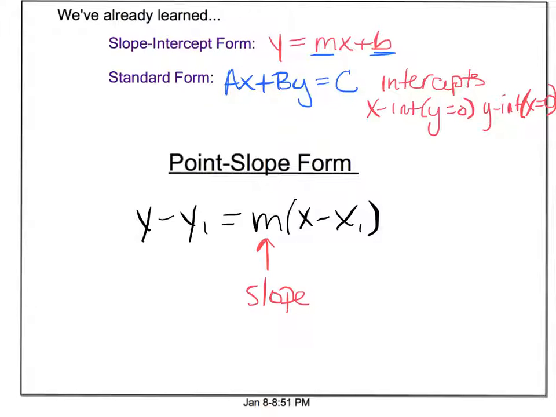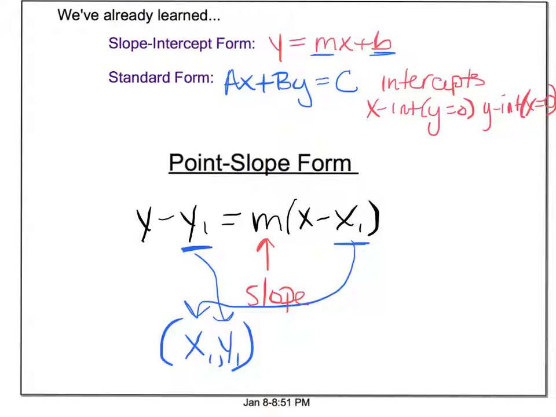But this equation contains a point. x1, y1 is the coordinate pair of the point that's contained on this line. But be careful. Notice the y comes first in the equation. Don't mix those up. So this x1 is your x-coordinate of the point, and y1 is the y-coordinate of a point. This one will be graphed differently.